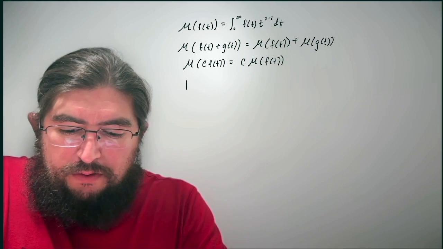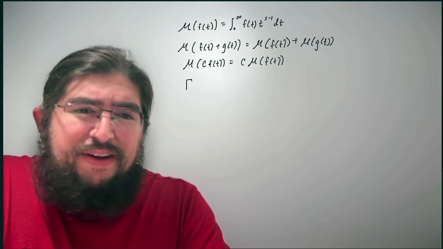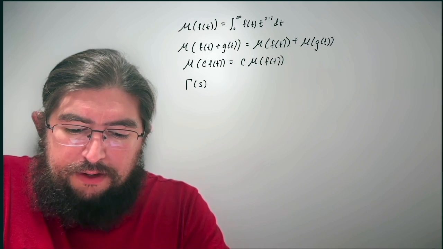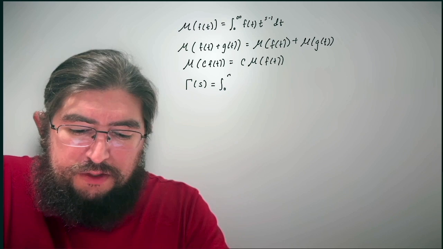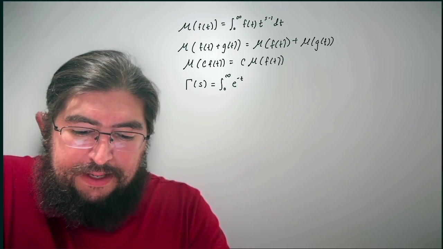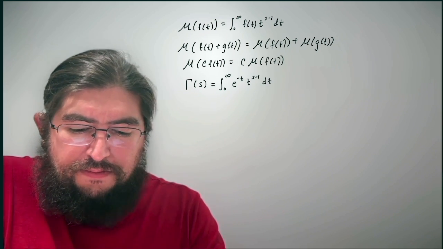Okay, now the next thing is the gamma function. The gamma function, if you don't know, is the generalized factorial. I'll be talking about the gamma function of s, and it is defined as follows. It's defined as the integral from 0 to infinity of e to the negative t times t to the s minus 1 dt.